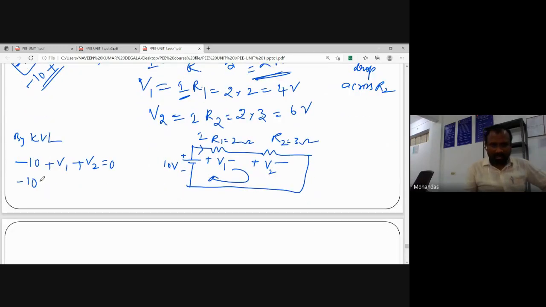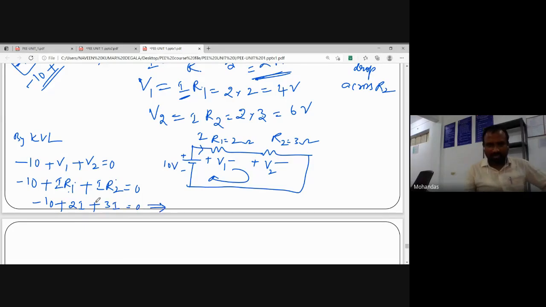So minus 10, and what is V1? V1 is I into R1, plus V2, which is I into R2, is equal to 0. Substitute the R1 and R2 values in this equation. Minus 10, the R1 value is 2, so 2 into I, plus the R2 value 3, so 3 into I, is equal to 0.